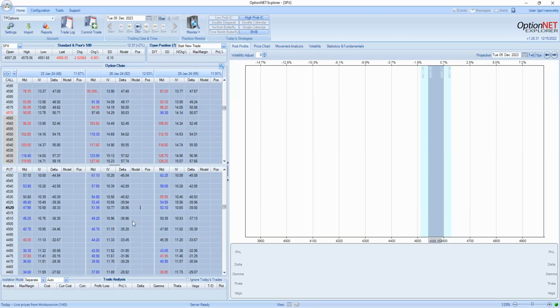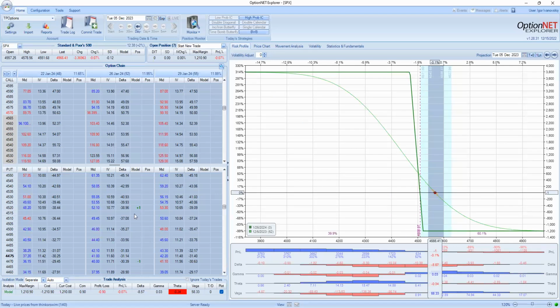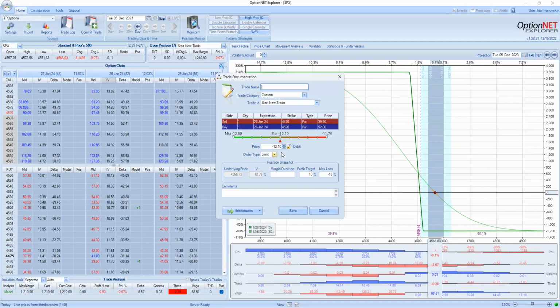So 45.20 for the long leg. And then we go down 50 points to 44.70. That's the short leg of this put debit spread. And this put debit spread is currently going for $12.20. So it's a little bit more than what I normally go for.